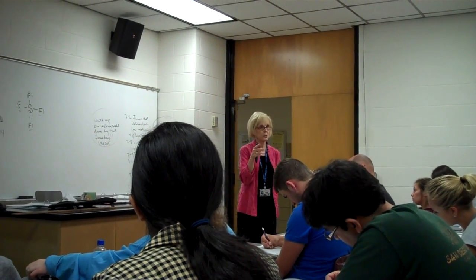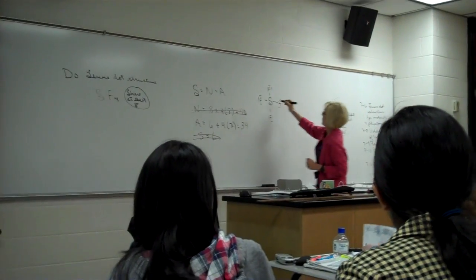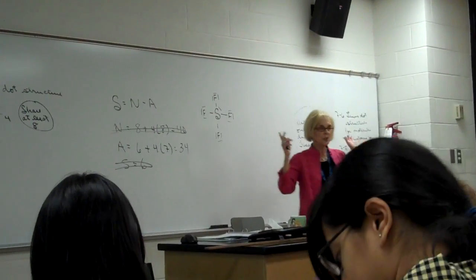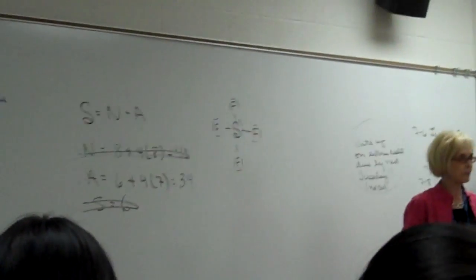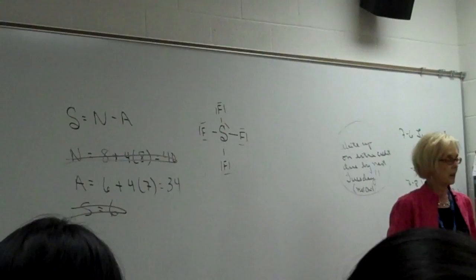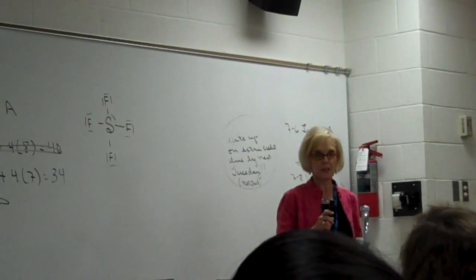Here's the new part that Timothy already knew. You have leftovers. The central atom gets them. And leftovers will always be in even numbers. So it'll have a leftover of 1 pair or 2 pairs or whatever. So the leftover just goes on the sulfur wherever you want to stick it. I cannot tell you how many people miss stuff like this on the test.